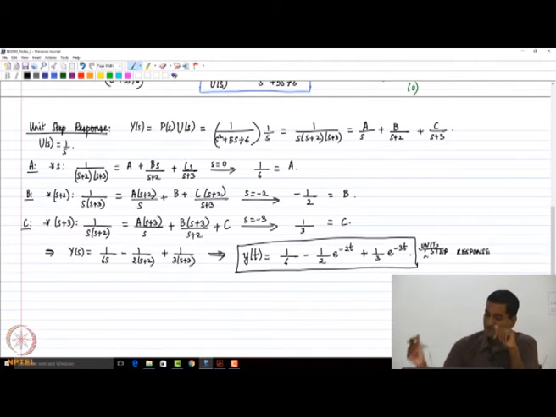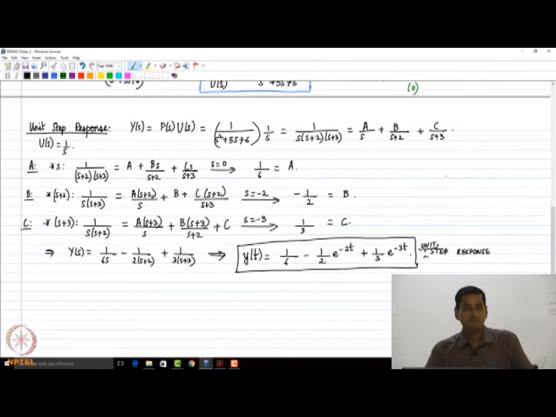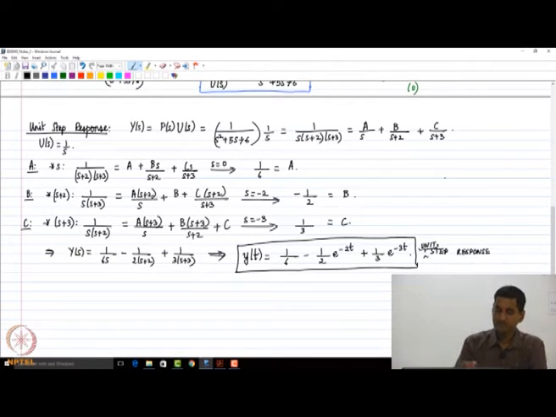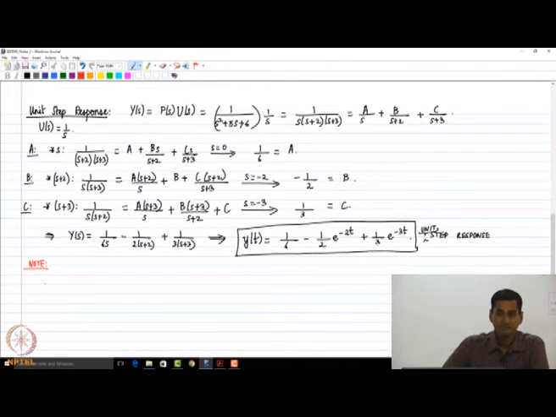So what can we observe? Let's write down what we observe from this unit step response. What are the observations? What can you infer by looking at this expression? Okay, very good.